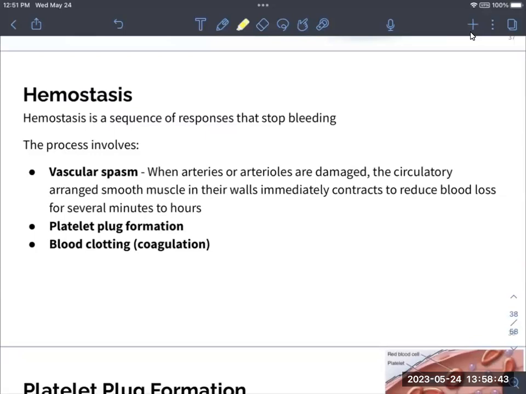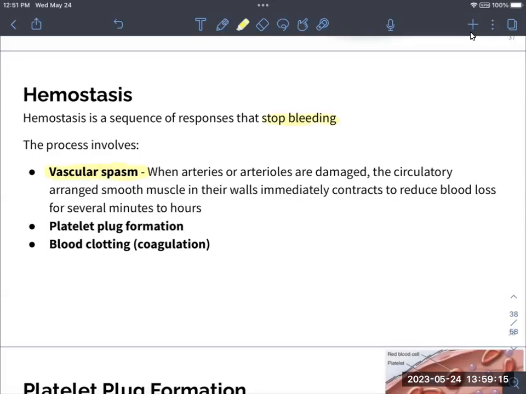Hemostasis. So say you cut yourself. Your body has a step-by-step process to stop that bleeding. That is known as hemostasis. There's different ways. Vascular spasm is one of them. A vascular spasm is when those blood vessels constrict, almost close off the blood supply to that blood vessel.